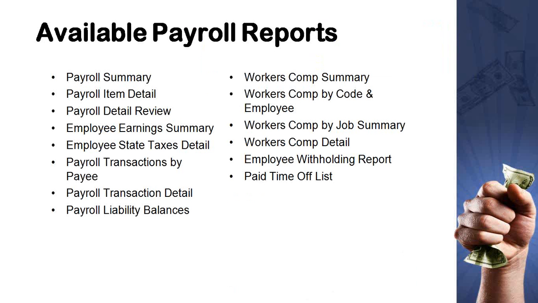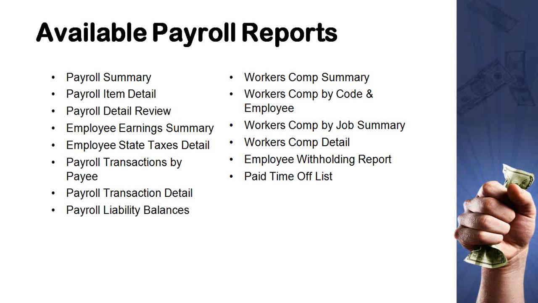Now, there's a whole bunch of reports that are available in QuickBooks Desktop. And obviously, you have your payroll summary, which we just saw. You have a payroll item detail, a payroll detail review, employee earnings summary. You have some reports that will help you manually fill out payroll tax forms if you choose to do it that way and not spend the extra money for enhanced.